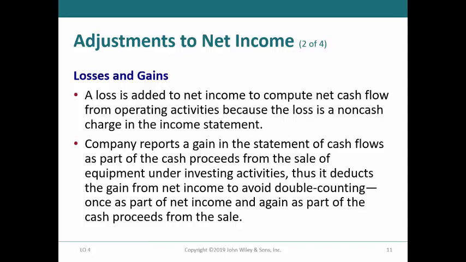Unrealized gains and losses that are included in net income as part of the adjustment of securities to their fair value at the end of the period would also have to be included in the adjustments to net income in order to calculate the cash provided by operating activities, since they do not represent cash paid or received.